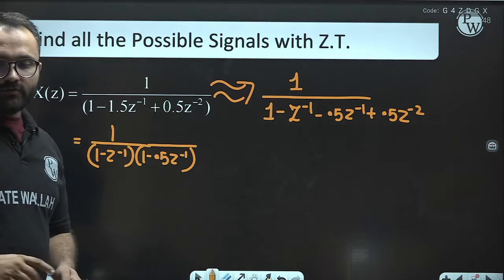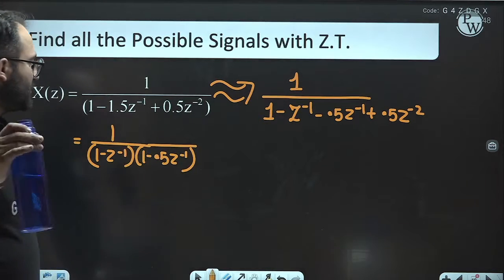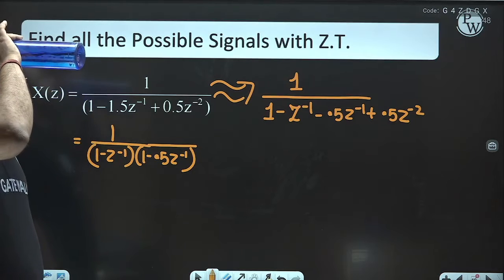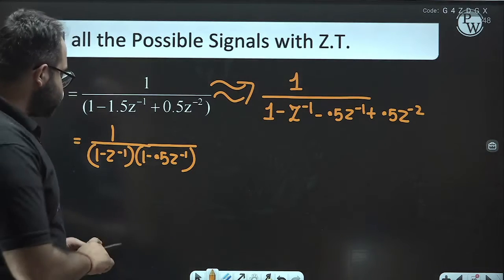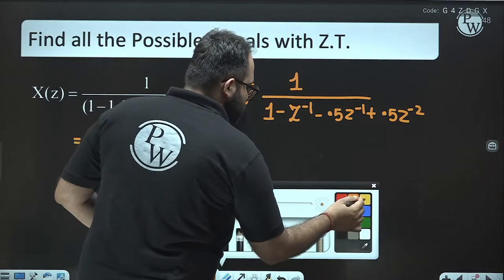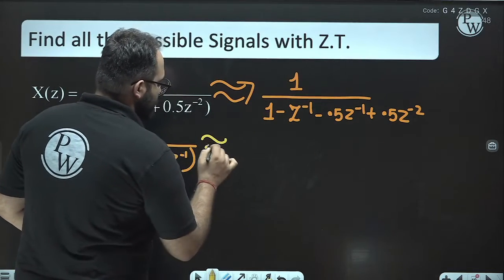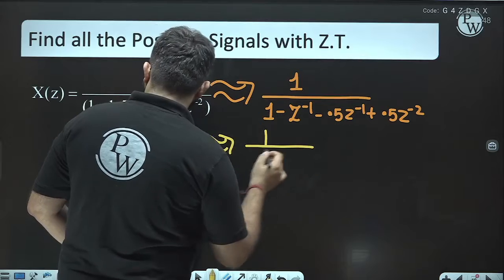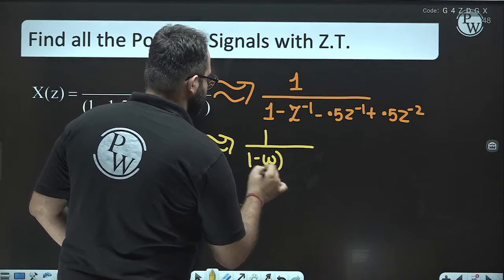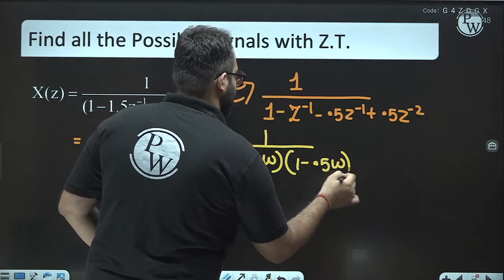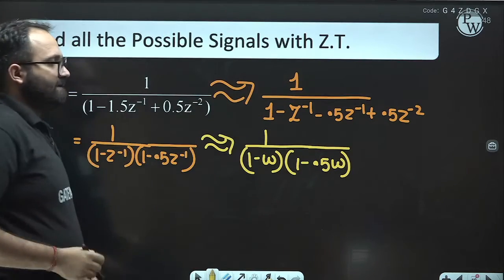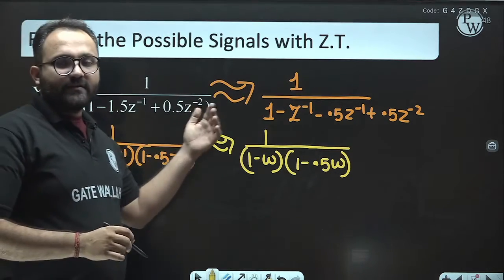So this is how we can break the denominator. For ease of analysis, we write it in this form, and then we take the partial fraction.